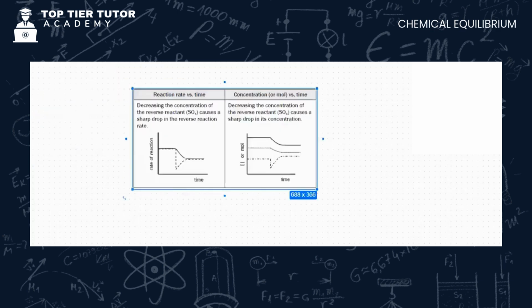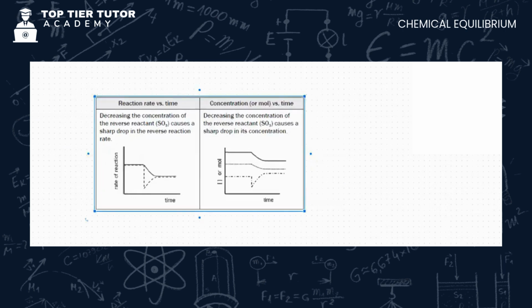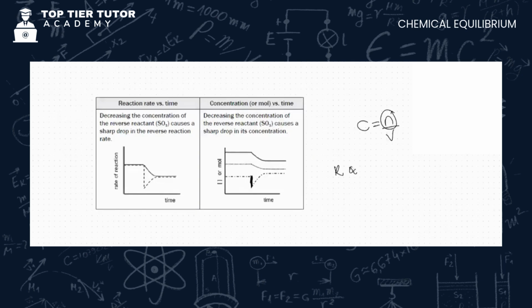Now, removing the moles of sulfur trioxide would also change the concentration, because the concentration, again, is dependent on the moles. So we can see the sulfur trioxide taking a sharp dip, and we know that the rate of reaction is directly proportional to the concentration. So when our concentration decreases, the rate of our reverse reaction would also take a deep decrease.